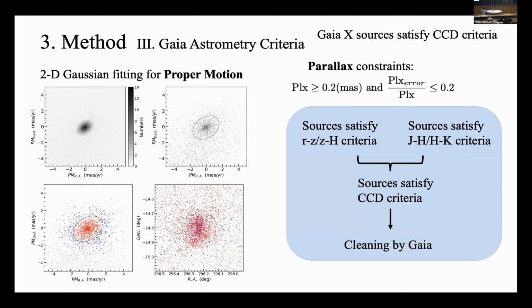Any sources falling within the ellipse are kept, as shown by the red dots, and the sources falling within the ellipse after taking account of errors are also kept to make the sample complete, as shown by the blue dots. And this formula shows our parallax constraints. That means we remove the close sources with precise detection.